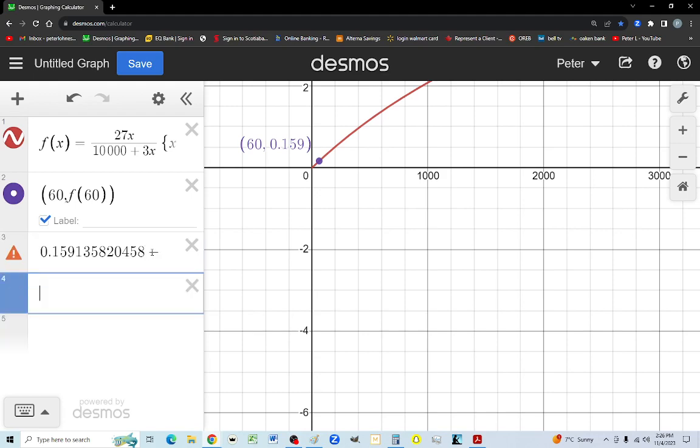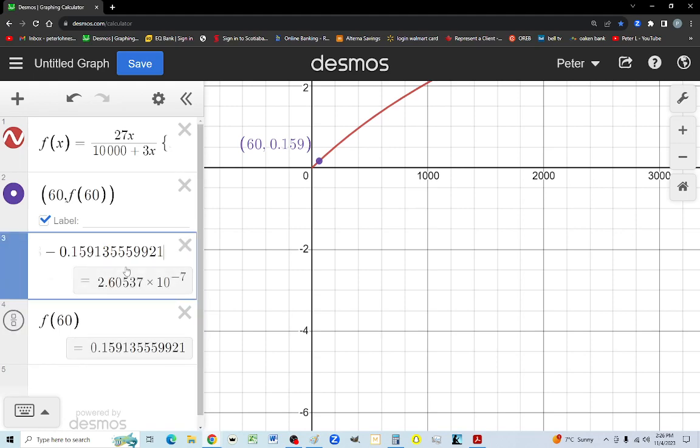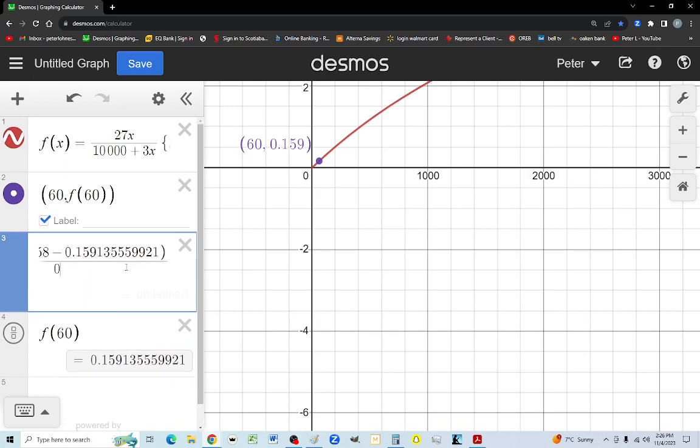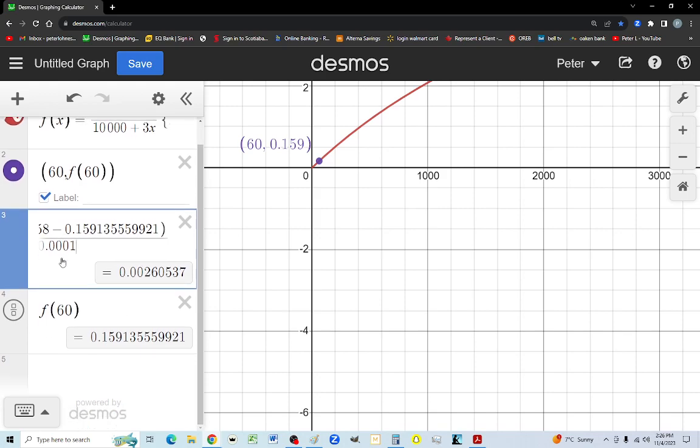Let's just find out what f of 60 is, because it's not quite accurate up there. There we go. And we're going to divide that all by our h. Like that. I don't believe that's right.